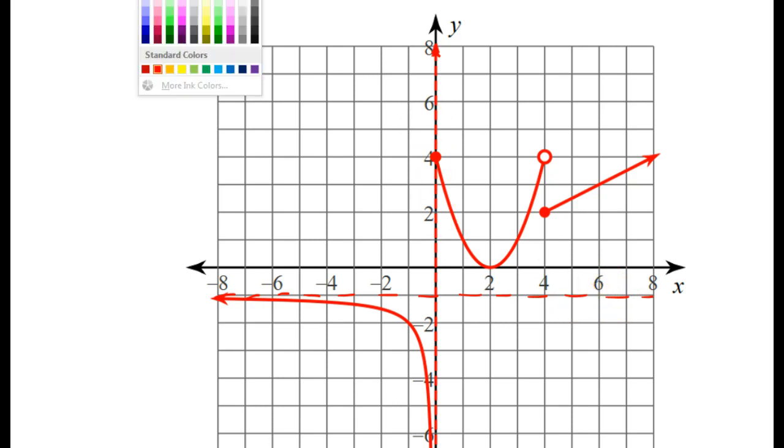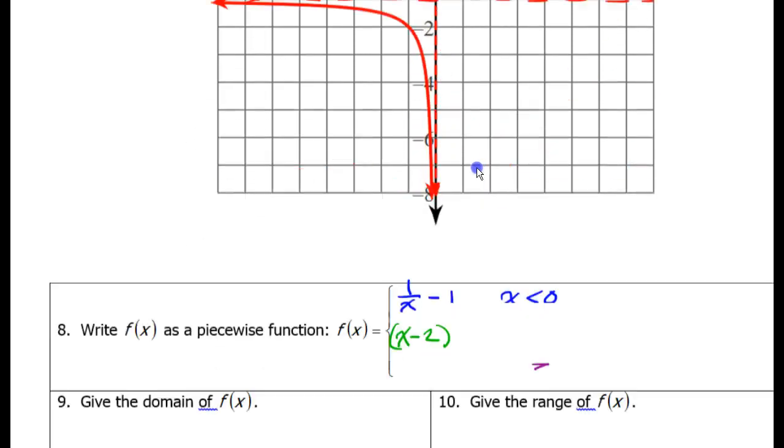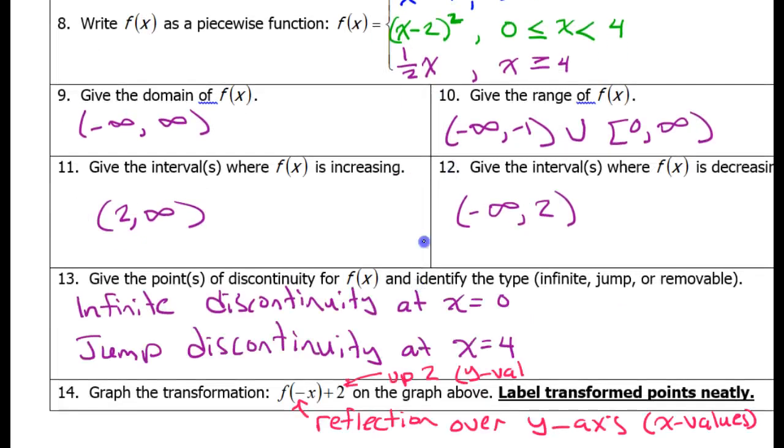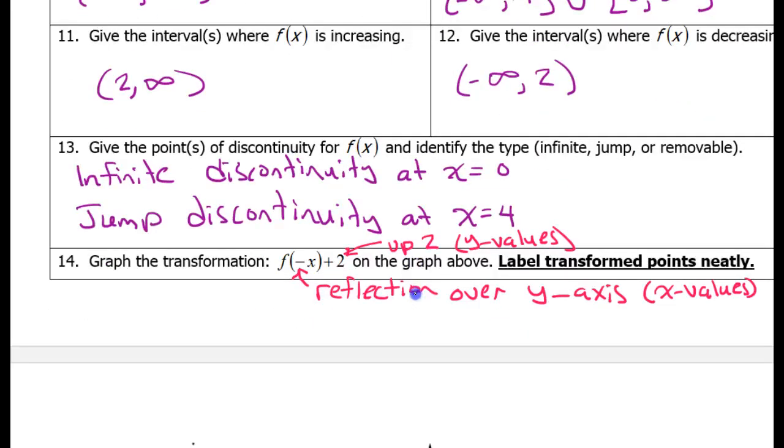What will happen to these asymptotes? So what are my transformations again? I'm doing a reflection over the y-axis. That's not going to affect my asymptotes. But I'm going to shift everything up 2.